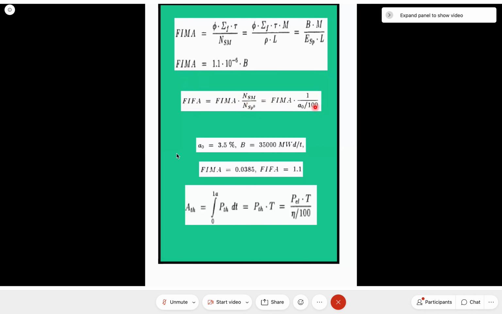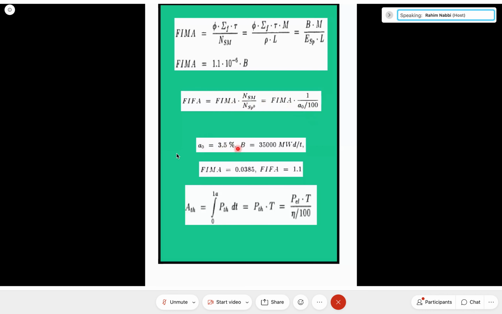Why divided by 100 is because this is then the absolute value, and normally the enrichment is given in percent. But for the absolute value, one has to divide the percent by 100. That's it. Example, a very typical value for enrichment, 3.5% uranium-235.